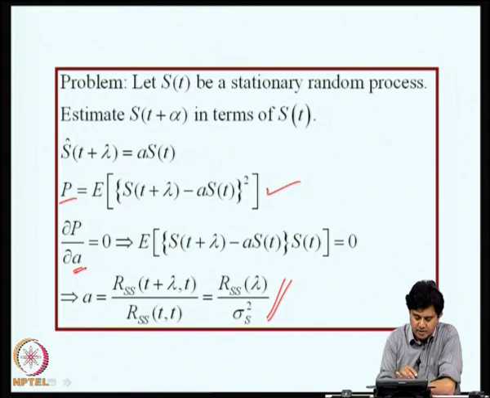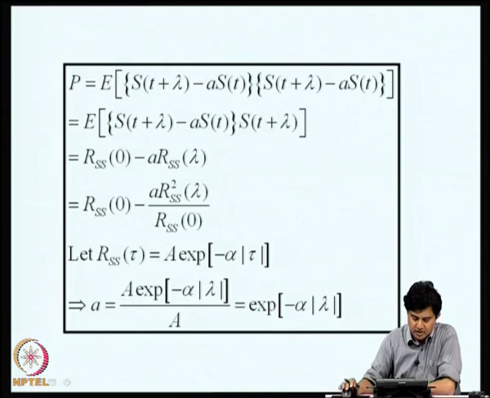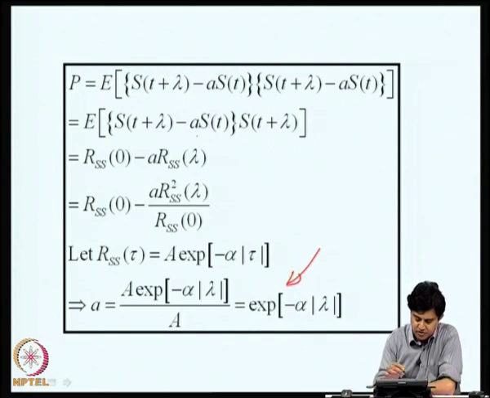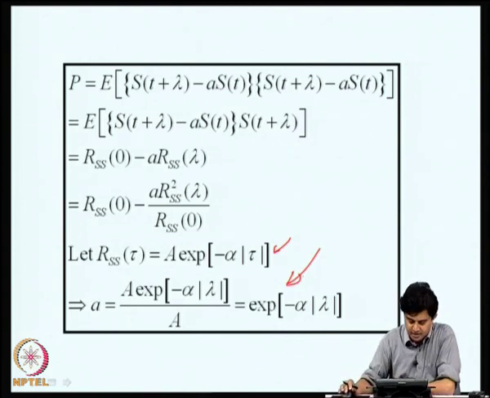So the optimal estimator for S of t plus lambda is a times S of t, where a is given by this, and the corresponding optimal error, you can show that for a specific choice of R_SS of tau, is shown here. You can verify this result.